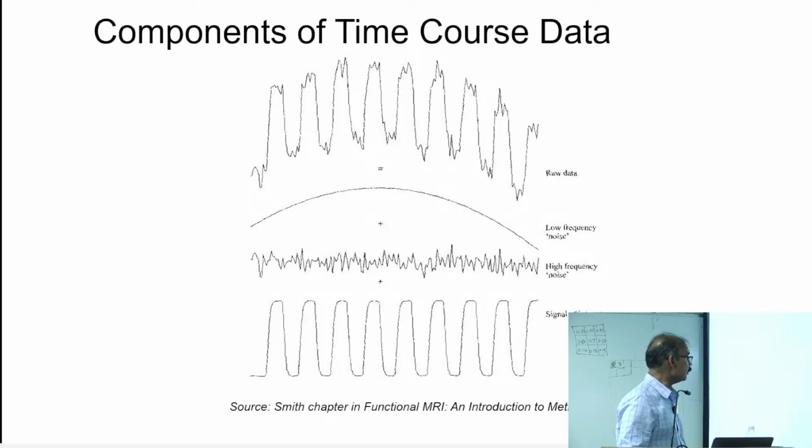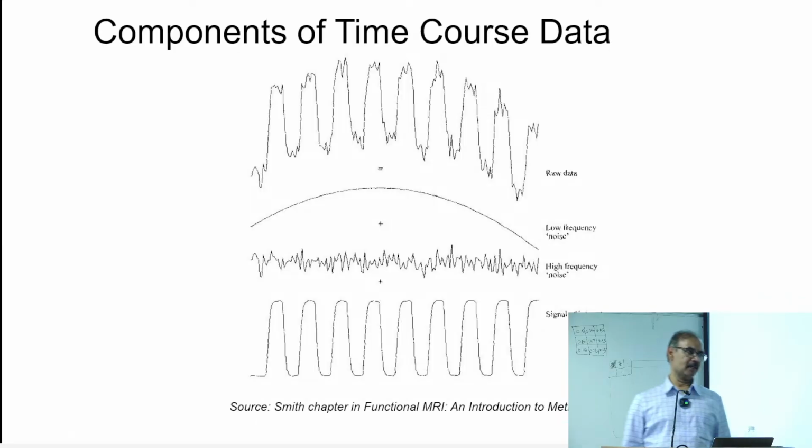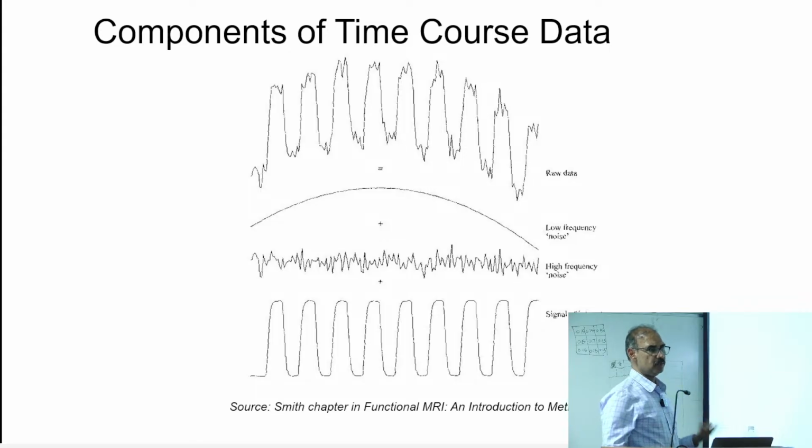So if you can do this, then it's easy. You can say this is drift, this is noise, and this is what we are interested in. And so suddenly your signal to noise ratio would significantly increase without you having to do any kind of smoothing, right? For this, you need to know the temporal and spectral features of the data, right?